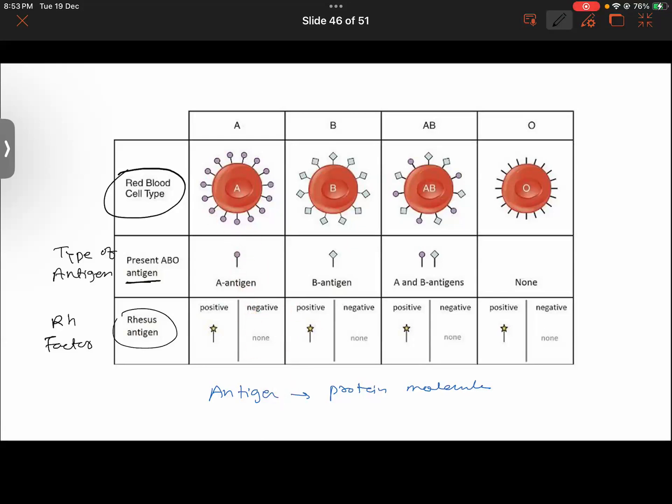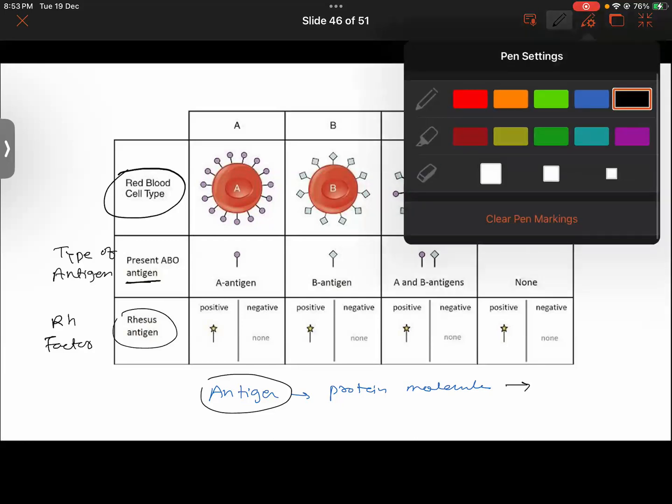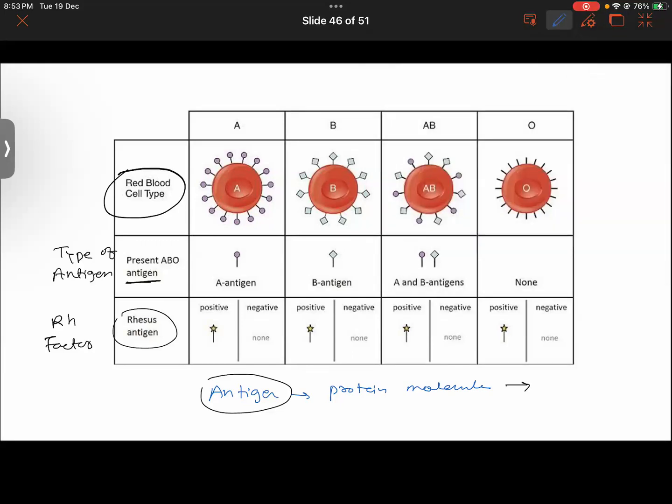But talking about its function, it helps your body to trigger the formation of antibodies. The antigens present over the red blood cells help the body to produce antibodies. That is the function of it. Okay, sir. So hope that is clear to everyone.